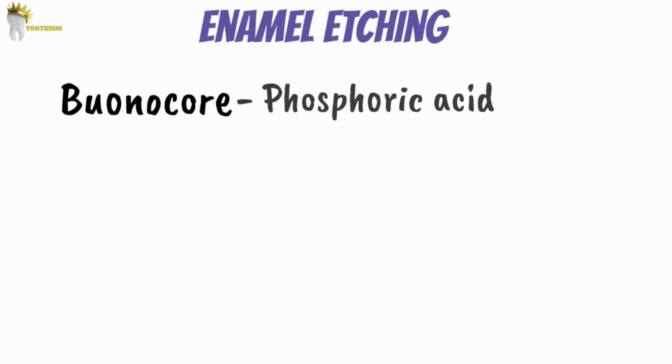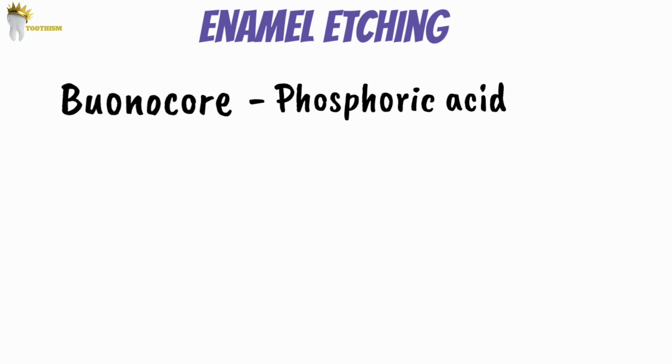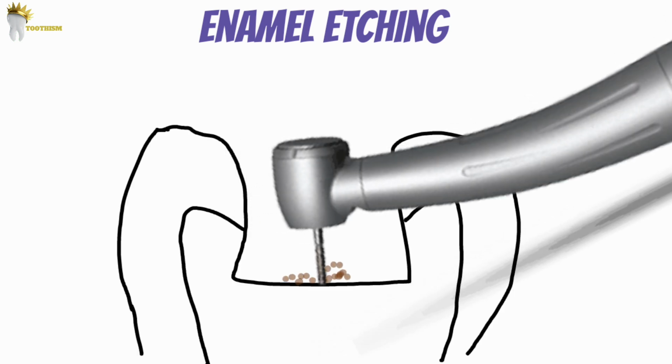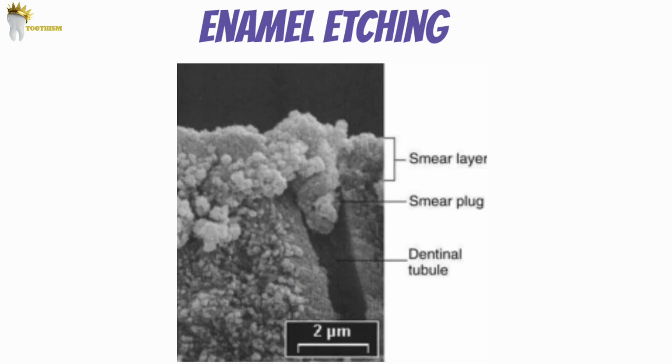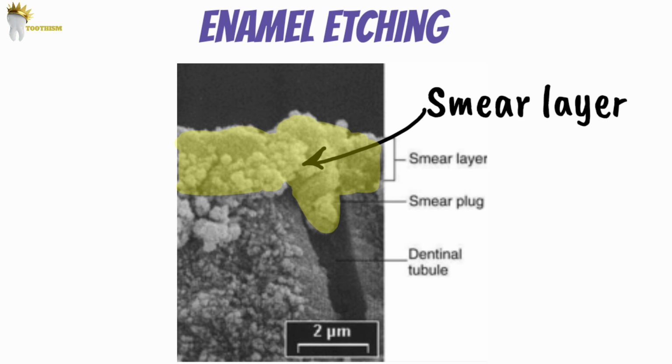Bjorn Nokor was the one who first etched the enamel using phosphoric acid. Whenever cavity preparation is carried out with a rotary instrument, a layer of grinding debris is created on the surface of the cavity. This is called the smear layer, and this prevents strong bonding.